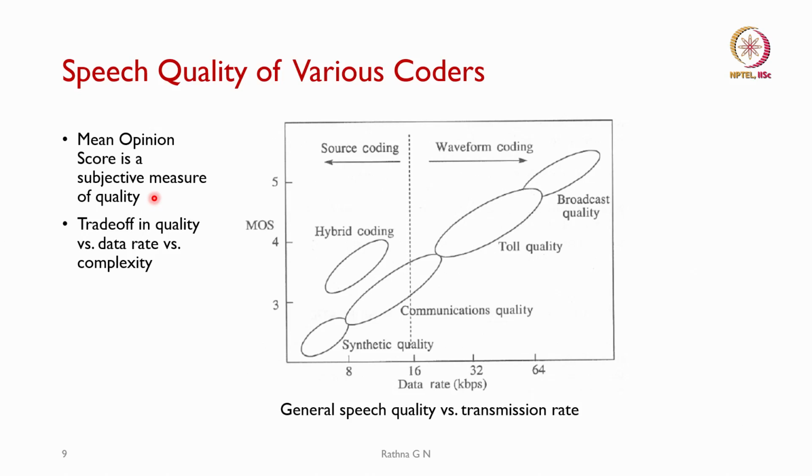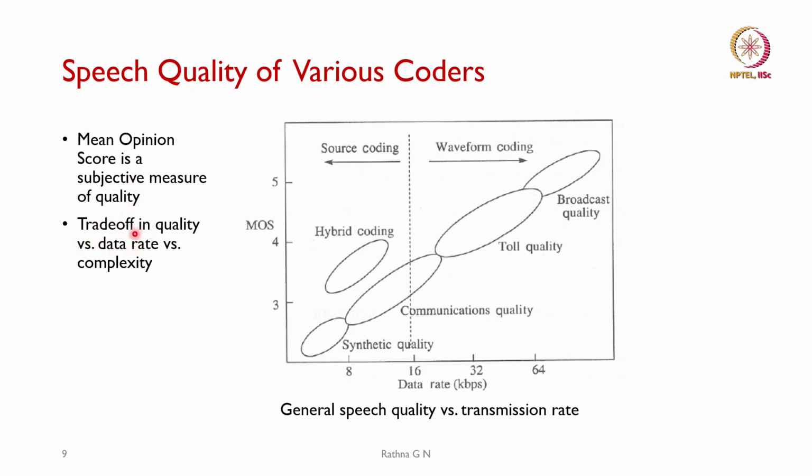We generate the speech and call people to evaluate whether they are able to identify the voice, whether it is a male or female voice, and what sentence has been uttered, if it is sentence generation. Then we take their opinions and calculate the mean opinion score from the different evaluators.